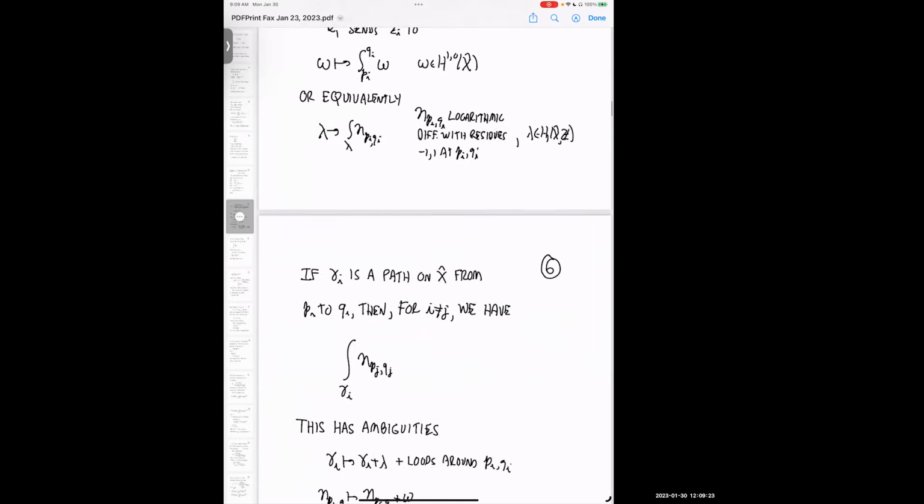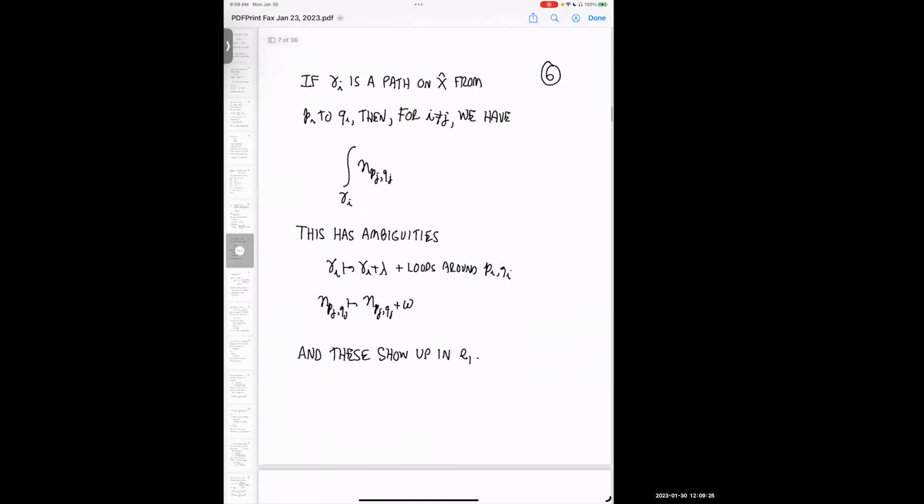So if gamma I is the path on x hat from pi to qi, then if I is different from j, you can integrate the logarithmic differential for pj and qj over gamma I. And so, of course, this has ambiguities. You can change the gamma I by a loop, and you can change the eta by a holomorphic differential.